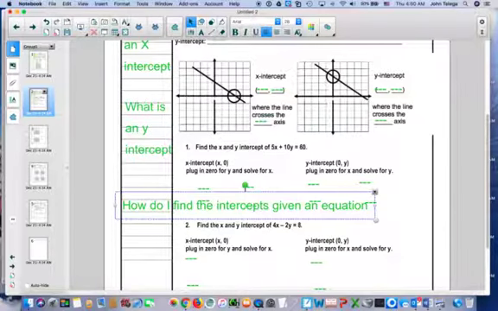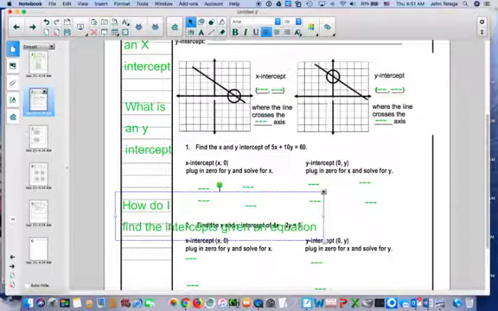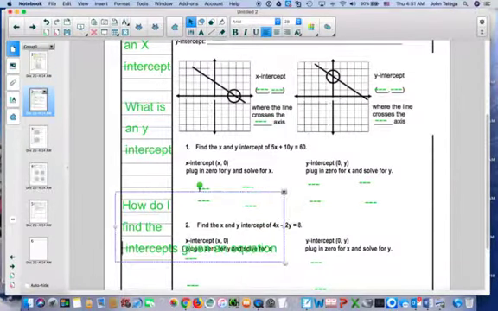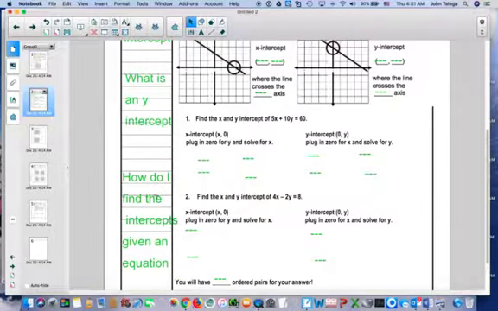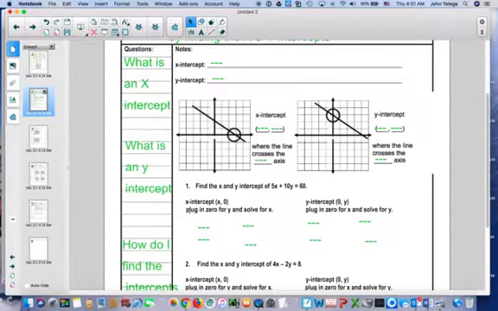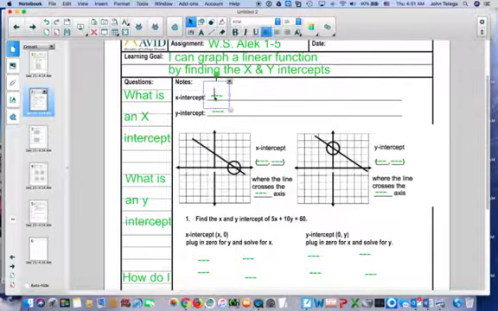How do I find the intercepts given an equation? Right? Those are 3 questions. The x-intercept is the x-coordinate where a line crosses the x-axis.